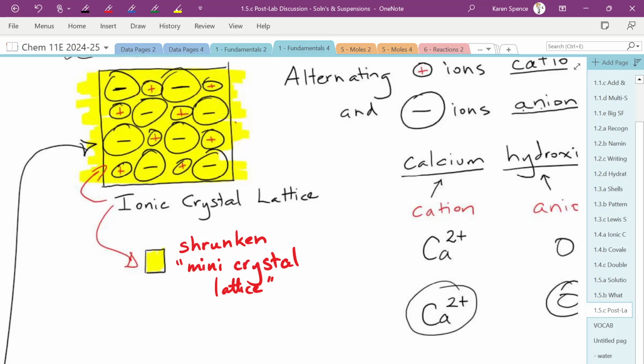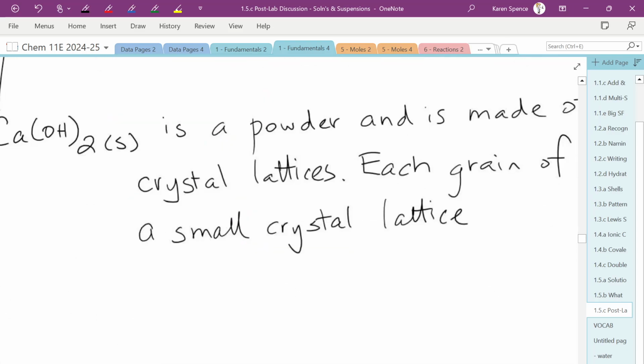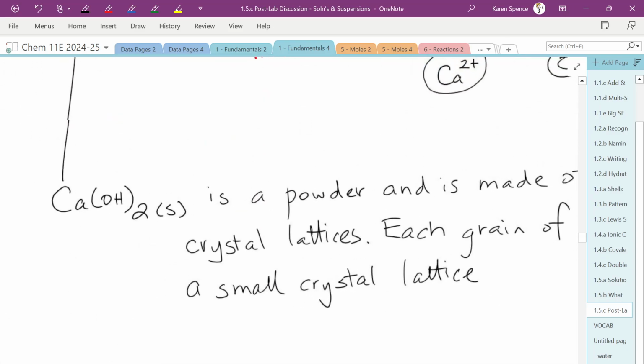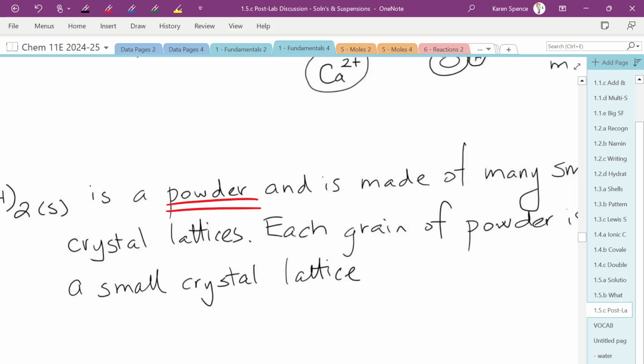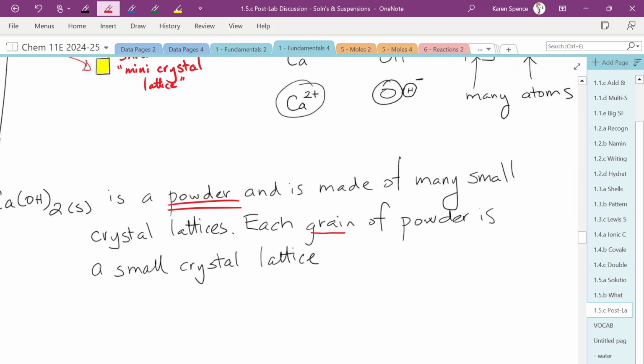And CaOH2 is a powder. Yes? And so each of those grains of powder is a small crystal lattice. Okay?